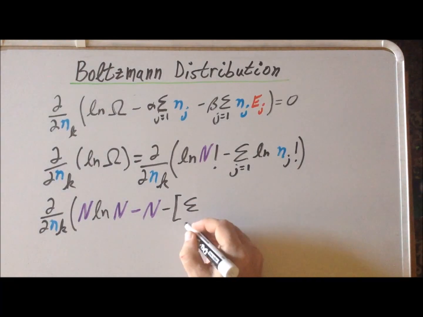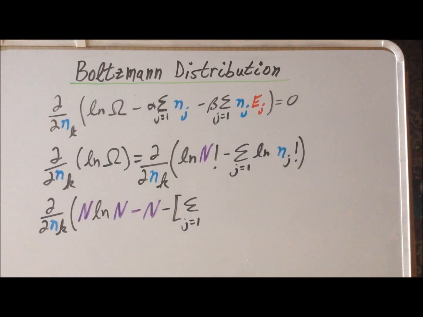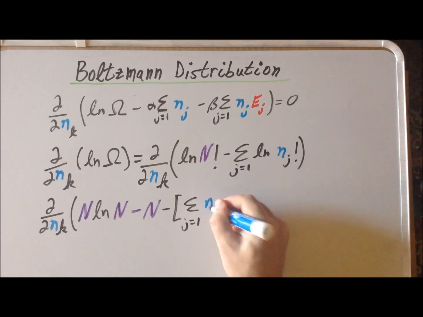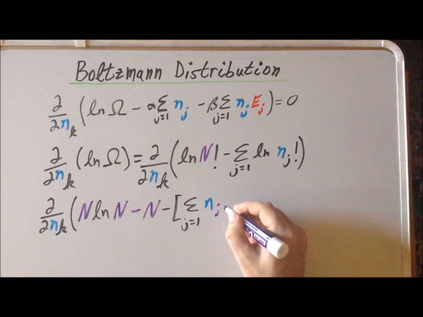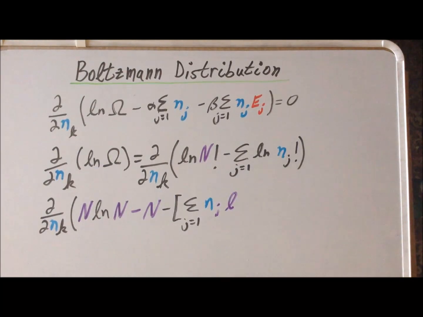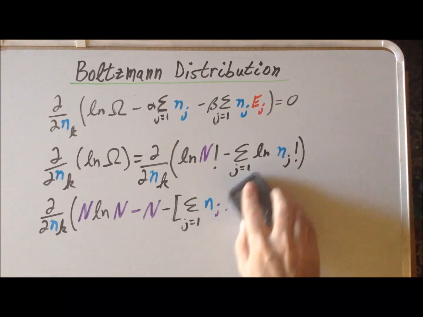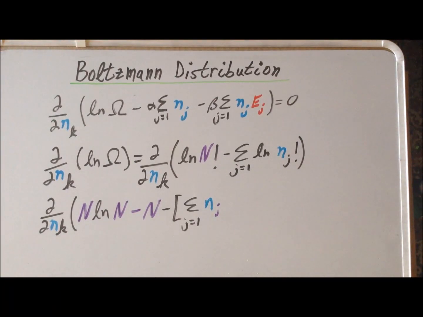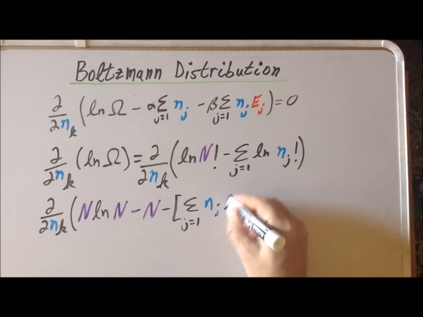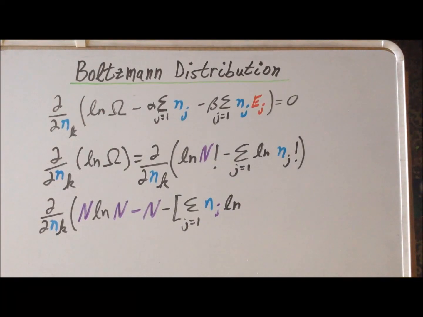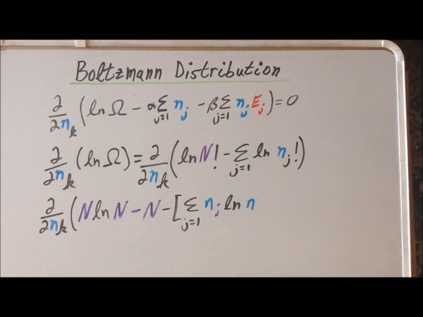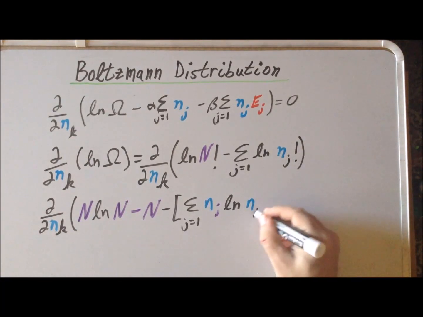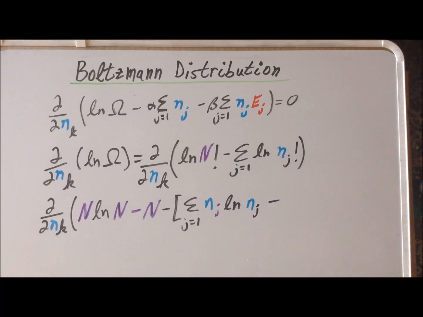So again, we have our summation, j equals 1, and now we have little n sub j times the natural log of n sub j, minus n sub j.